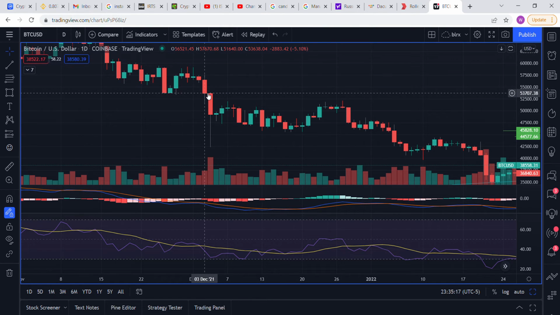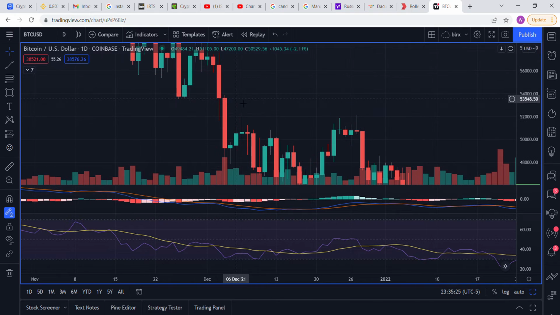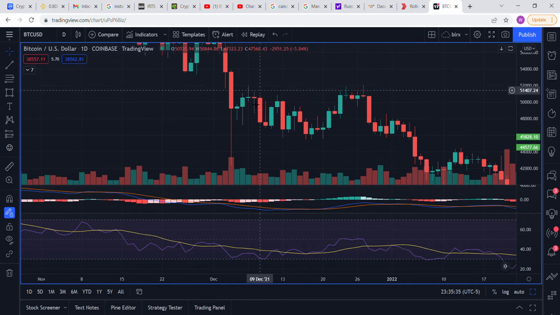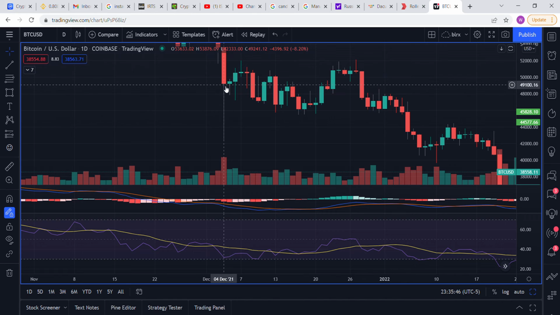So that day, Bitcoin opened at like 53,626 or so. We'll just say that, all right? And throughout that day, you have the wicks, all right? So this is technically called the body of the candle, the big section, and the wicks are the little lines.